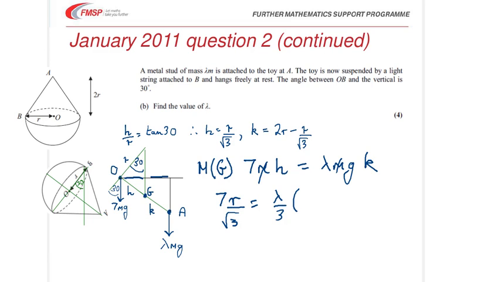I've done some tidying up to make this easier. Check what I've done there. I've just tidied up the k distance a bit. So the r's can cancel out, and lambda works out to be 7 root 3 over 6 minus root 3.